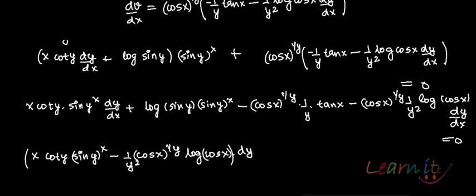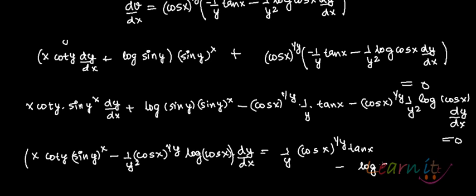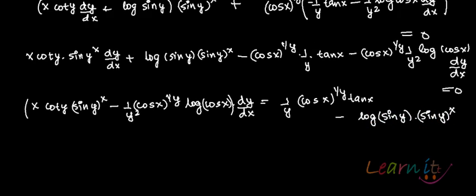I've taken all the terms of dy by dx together, and all the other terms without dy by dx will be going to the other side, which is 1 upon y cos x to the power 1 by y tan x, and this term going side will become negative. It will be minus log of sin y into sin of y to the power x.